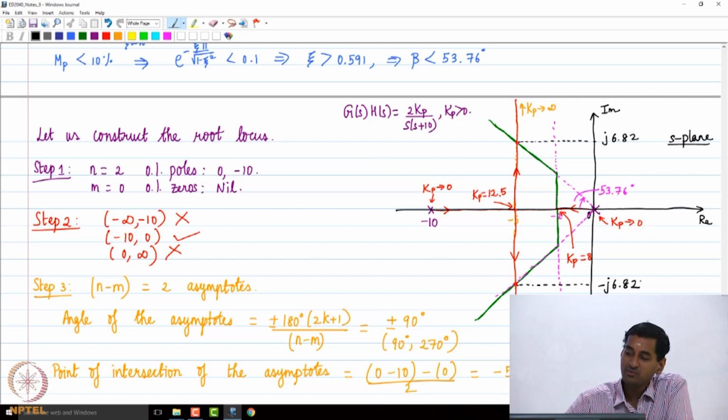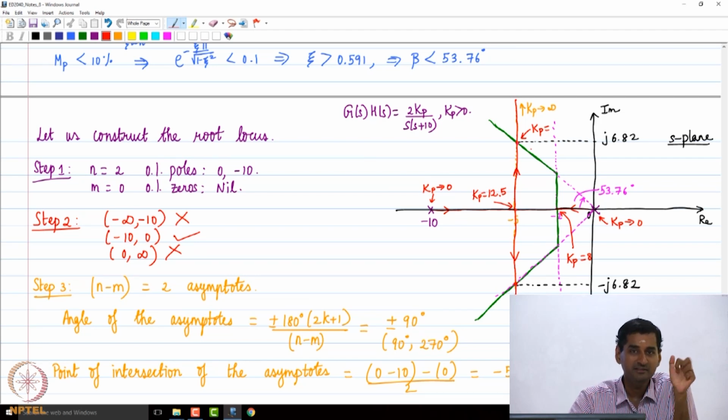Now how do you find the value of Kp at that point? Once again we substitute the corresponding value of S in the closed loop characteristic equation. See, what is the value of S here? Minus 5 plus 6.82j.